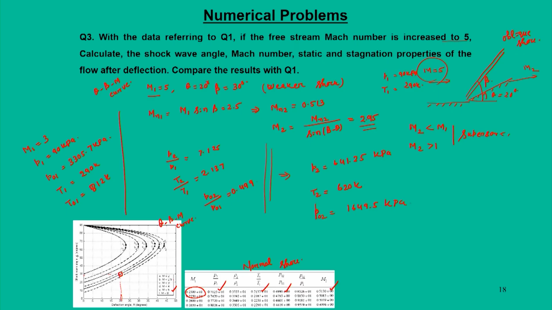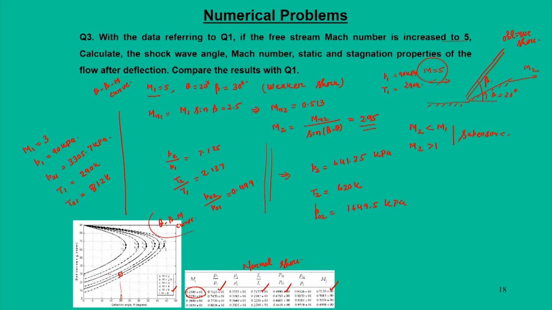So, this complete analysis of 3 problems gives the complete flow picture that we analyzed through this theta beta M curve. When you compare the results, the first was the conventional problem for M equal to 3 and theta equal to 20 degree.